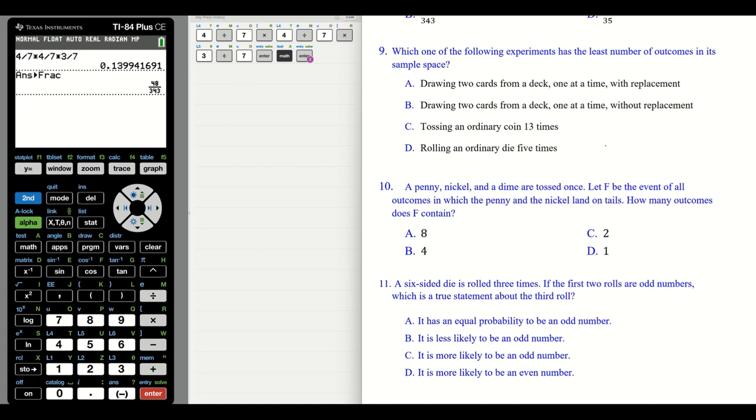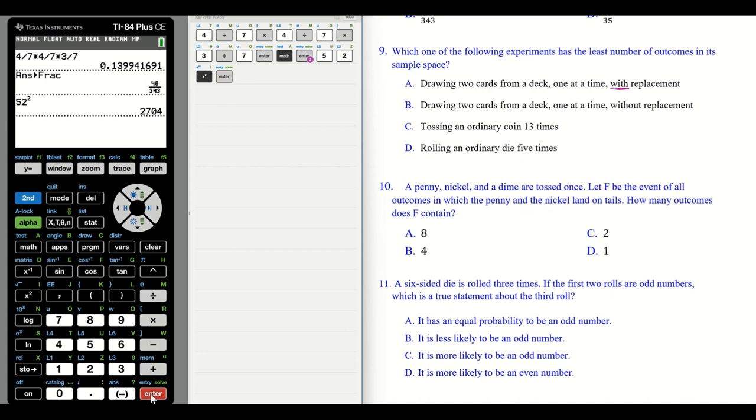A. Drawing 2 cards from a deck one at a time with replacing. That will be where we have 52 cards in a deck. So that will be 52 squared. Enter. That's 2,704.